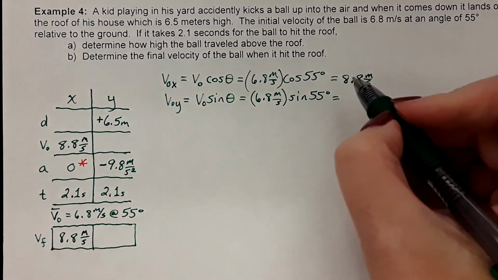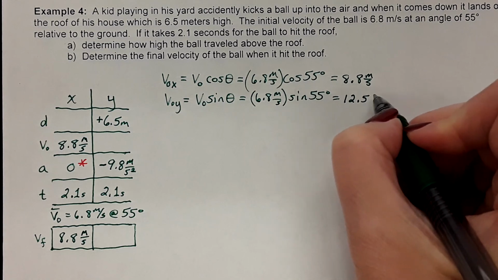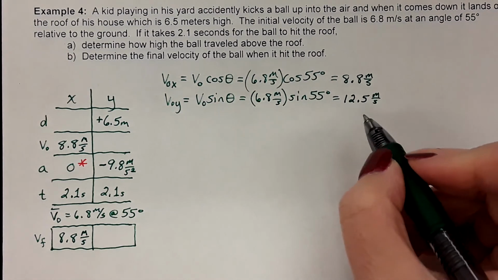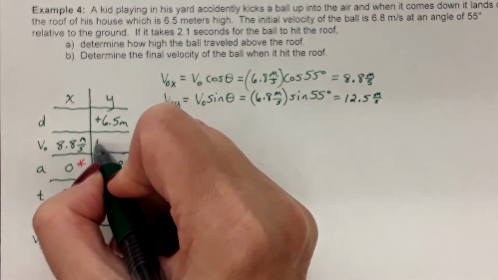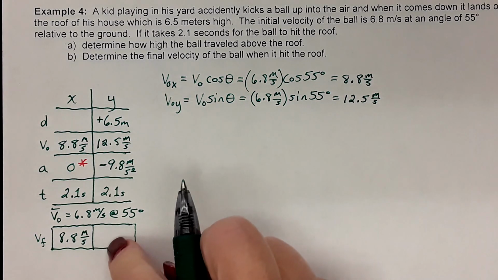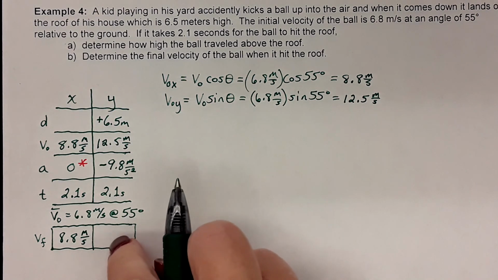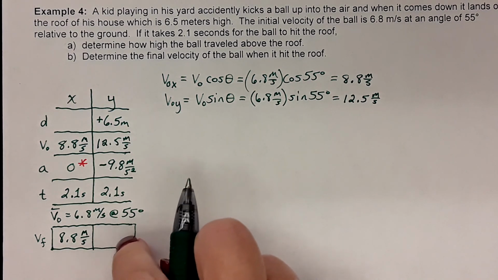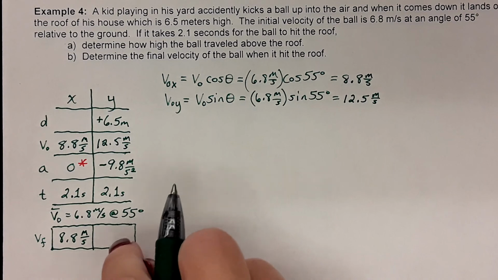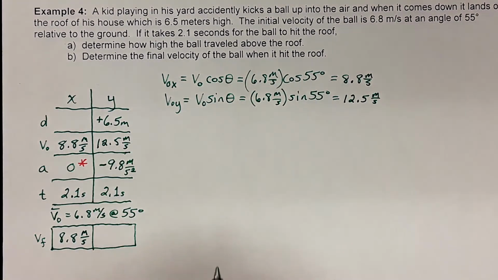Now, the vertical, I got 12.5 meters per second. So that goes over here, but it doesn't go down here because what we're going to see on the top is that this is going to be smaller, because it doesn't come down as far as it did going up. So this is going to be smaller than this one.